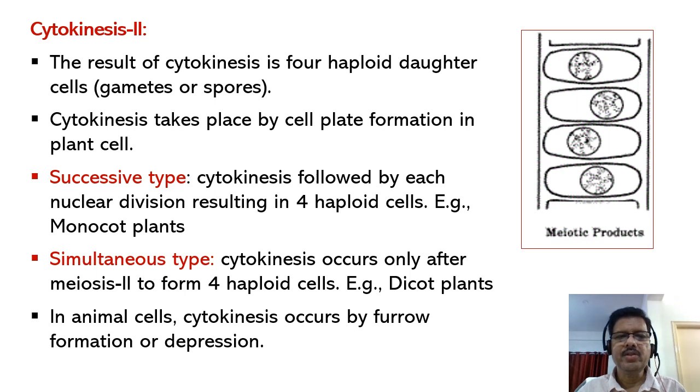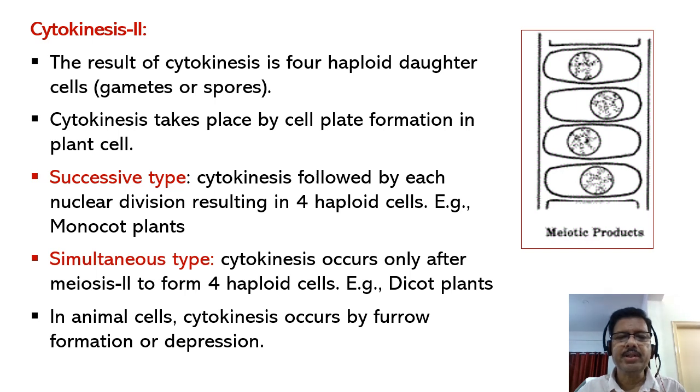Now cytokinesis II. The result of cytokinesis is the formation of four haploid daughter cells, that is gametes or spores. The cytokinesis takes place by cell plate formation in plant cells. There are two methods by which it takes place.